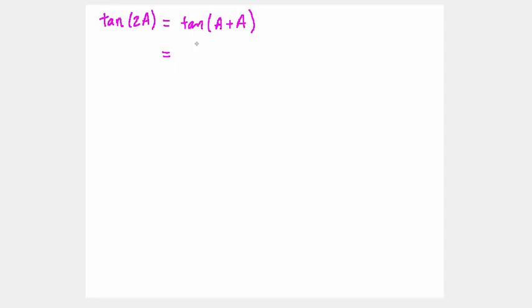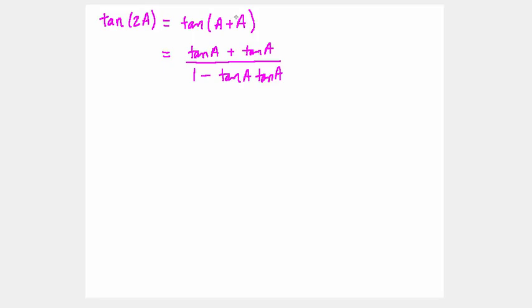So this will turn into tangent of a plus tangent of a all over 1 minus tan a tan a. Again, we're used to seeing an a and a b in this, tan a plus tan b over 1 minus tan a tan b. But they're both a this time, given the way we split up this original input.